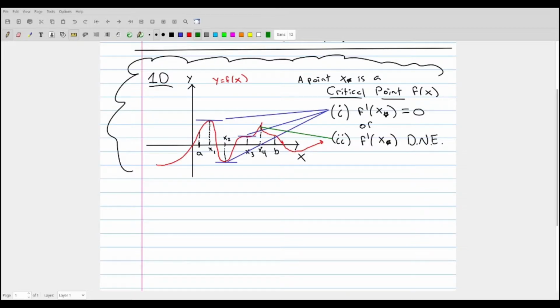And you see that both of these types of critical points are important to deal with because in general, both of these types of critical points are points where the function could possibly attain a local max or min.